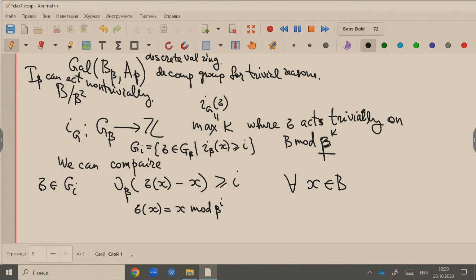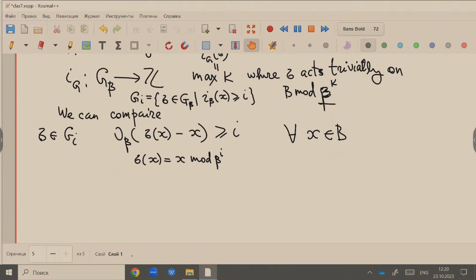Yeah, so you can rewrite this thing, saying that something is trivial, in terms of the corresponding valuation, meaning that it acts trivially modulo beta k means that sigma x is x modulo beta I. So that means that the valuation of the difference is bigger or equal than I. Then you can ask this for any element.